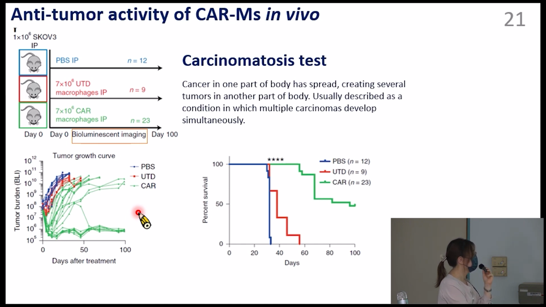Okay, so here they use intraperitoneal injection to see this phenomenon. And this is very similar to previous. It's called administer the ovarian cancer and the CAR macrophage. And you can see, okay, this CAR macrophage can reduce the tumor growth in the whole body. Because they use the IP method, the tumor cell will go everywhere.